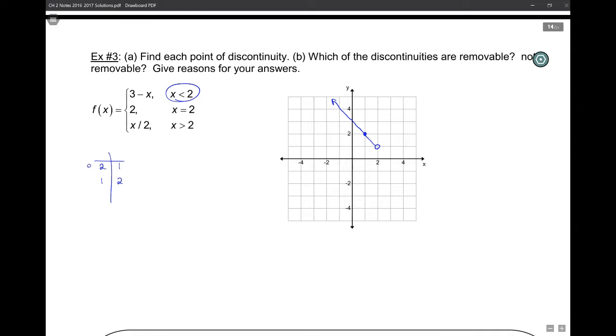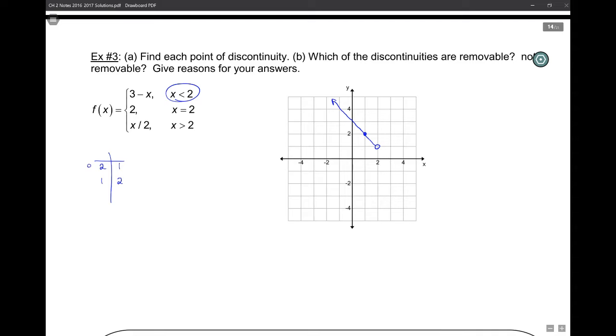Okay, so find each point of discontinuity. There's 1. Whenever it asks for a point of discontinuity, we only need to say the x value. A place of discontinuity could be a vertical asymptote, or a jump discontinuity, and you don't need the y value.